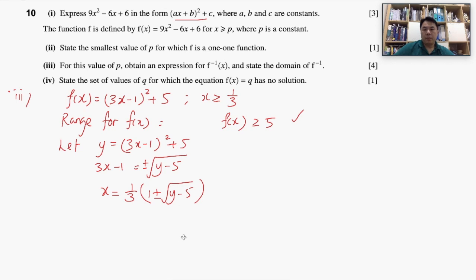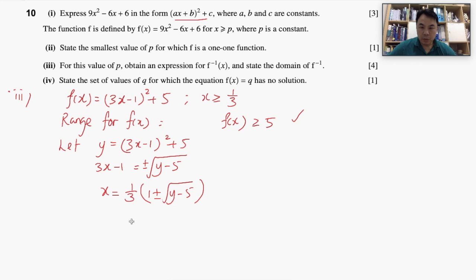So that comes back to the question of whether I should adopt the positive or the negative here. Since the x values are all greater than a positive number here, most probably I'm going to adopt the positive one. So I'm going to erase this, and that will be my final one.